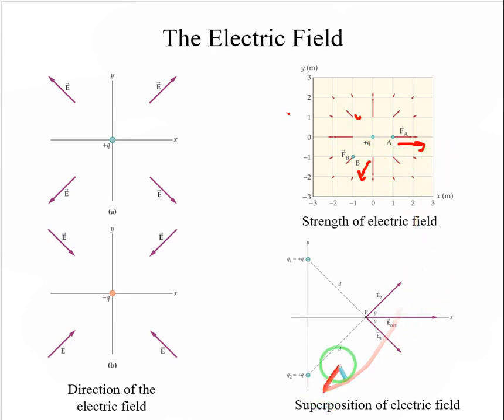The third is superposition of electric fields. Superposition means just like adding two things, not exactly the same as adding, but for the concept it is just like addition. Let's see, we have two charges Q1 and Q2. Q1 has an electric field and Q2 has an electric field. From Q1 we will take a point here, then from Q2 we will take a point here.